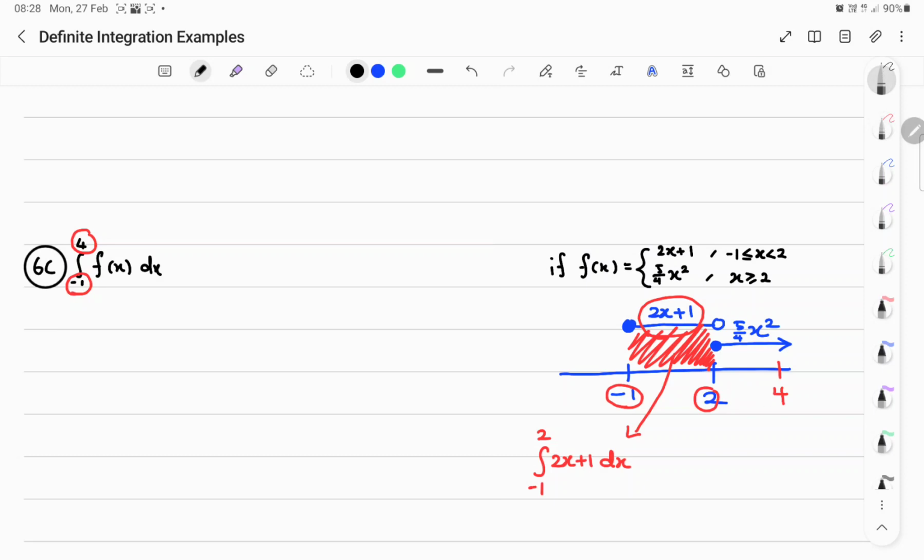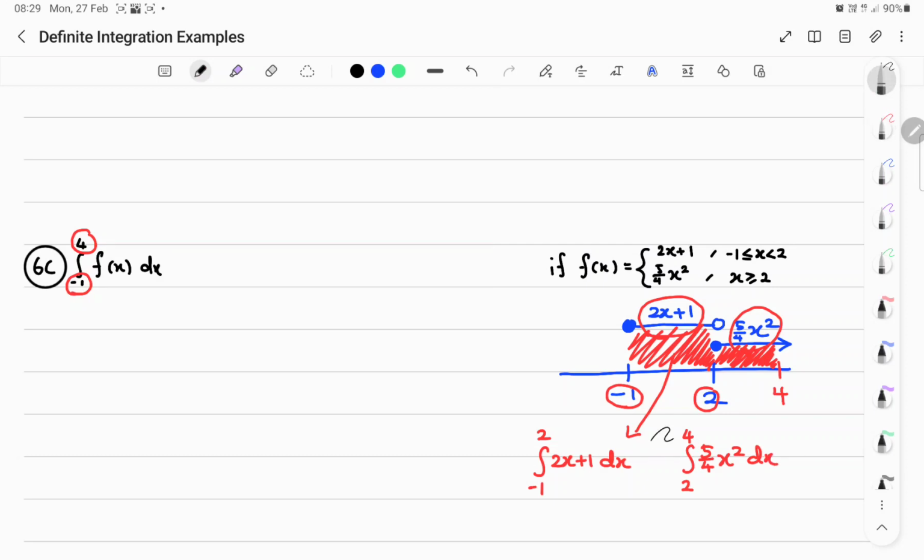Then what is the second one? Let's continue our shading from 2 to 4. So that's the integration from 2 to 4. And our shading touches the second arrow of 5 over 4 x squared, with respect to x at the back.